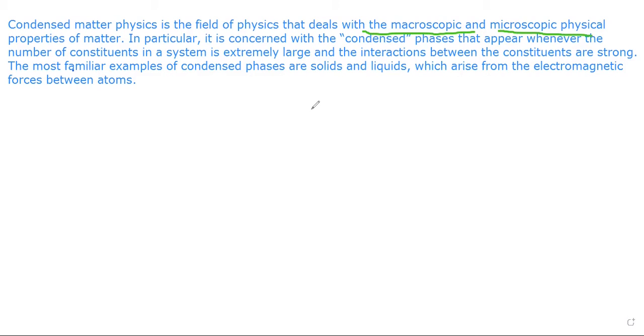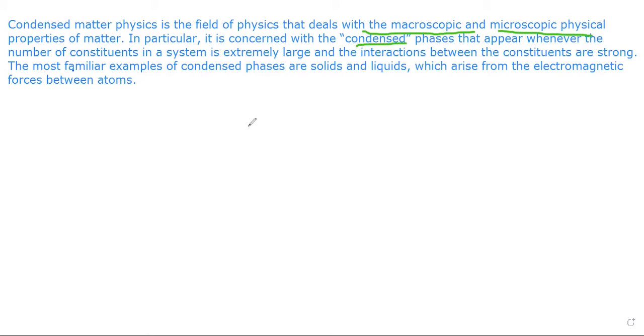In particular, it is concerned with the condensed phases that appear whenever the number of constituents in a system is extremely large and interactions between the constituents are strong. So it means that condensed matter physics is that branch of physics in which the macroscopic and microscopic physical properties of matter are covered.